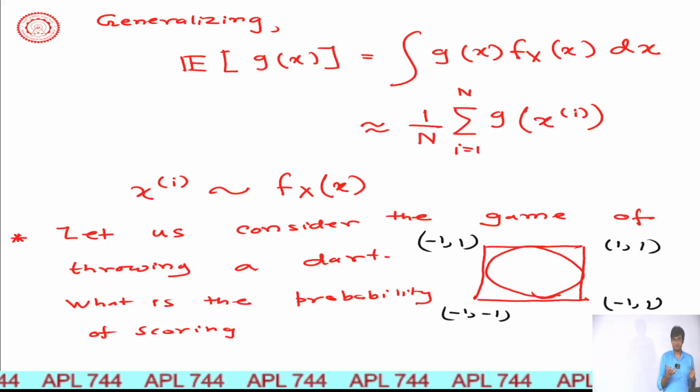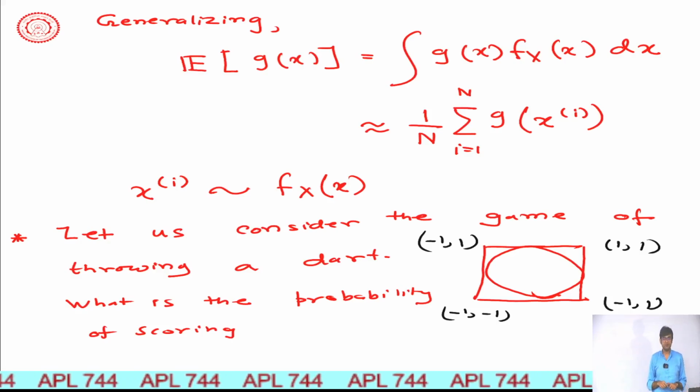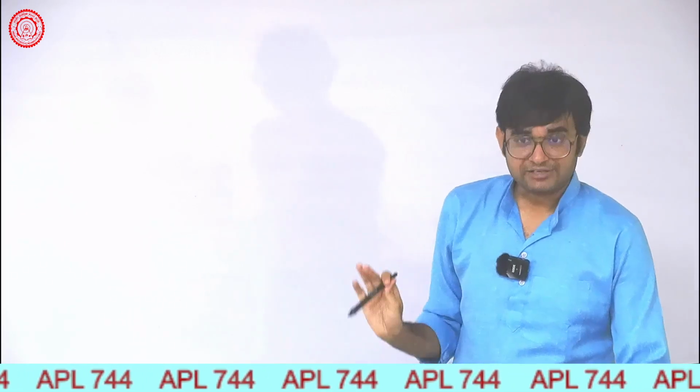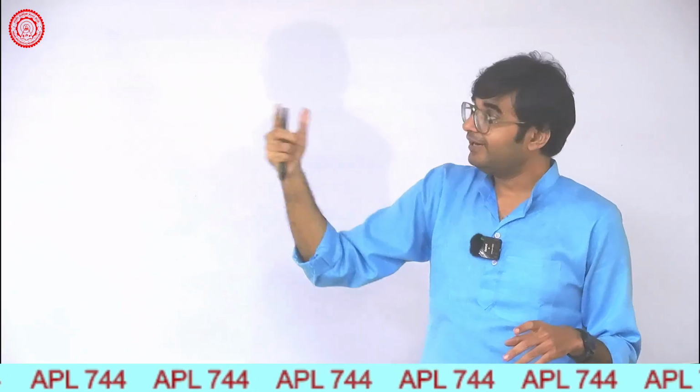Then again, by common sense, what is the probability? K by n. If I have thrown n times and hit it k times, the probability is k by n. That's the common sense answer, and the earlier one is the analytical answer. Whether this analytical answer can give you the common sense answer is what we want to find out.